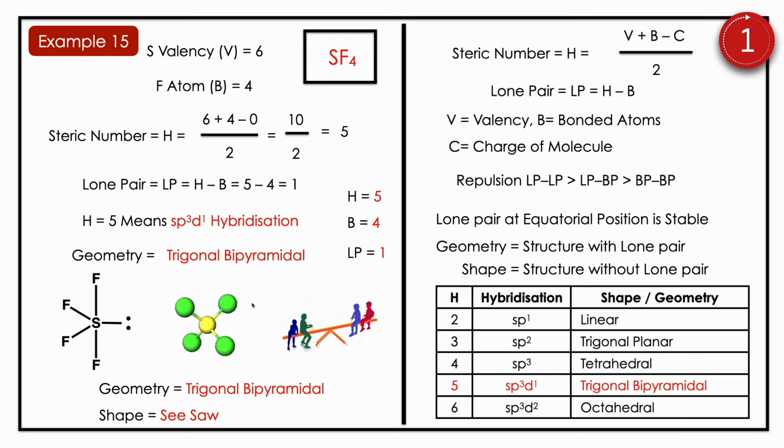So you have one lone pair in the system. Lone pair comes in equatorial, which is not visible. So the structure will be like a seesaw. The seesaw structure can be easily understood by animation. It will be exactly like the seesaw instrument. So geometry of SF4 is trigonal bipyramidal. Shape is seesaw.